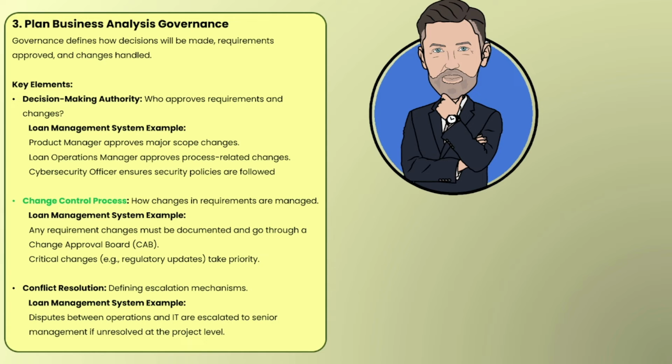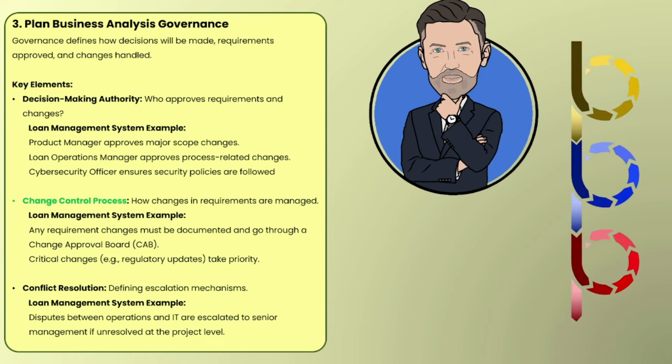Whereas the cyber security officer has the entire knowledge of this system and how it needs to be secured. So he talks about security, whereas the loan operation manager talks about the process, that is the workflow. In this way we need to identify who the decision making authorities are. In case any changes occur, then we need to follow the change control process.